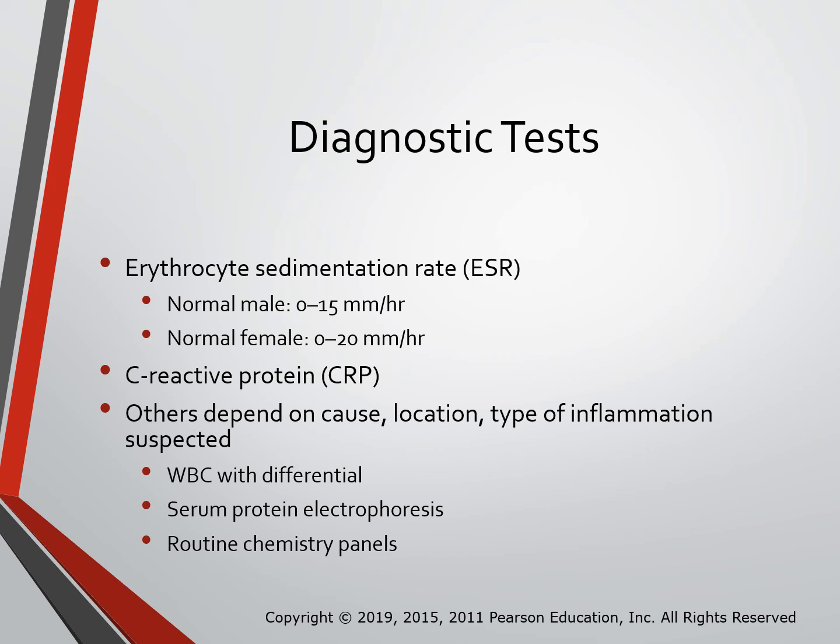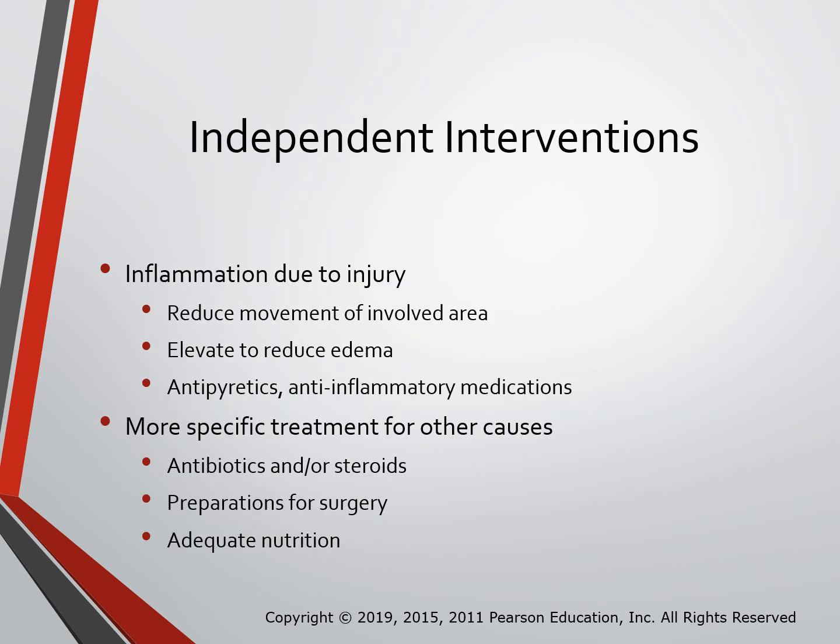Serum protein electrophoresis may reveal increased gamma globulin and decreased albumin, indicating systemic lupus. And routine chemistry panels may reveal kidney involvement, abnormal liver function, or increased enzymes if the muscle is involved. So you have some very specific labs here that you have to look at.